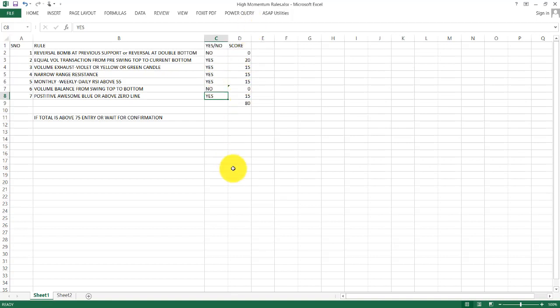Still we can take entry, but if we get a score below 75, then it is not an entry. If we get the score above 75, then only we can consider it as an entry. This is an entry. That's it.